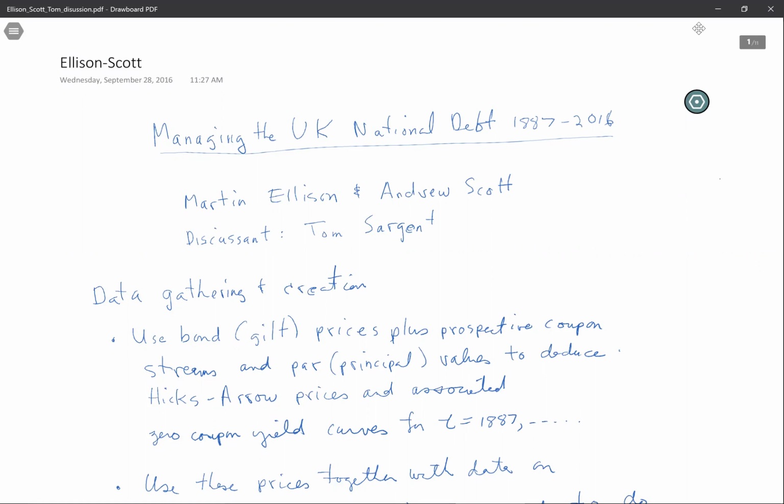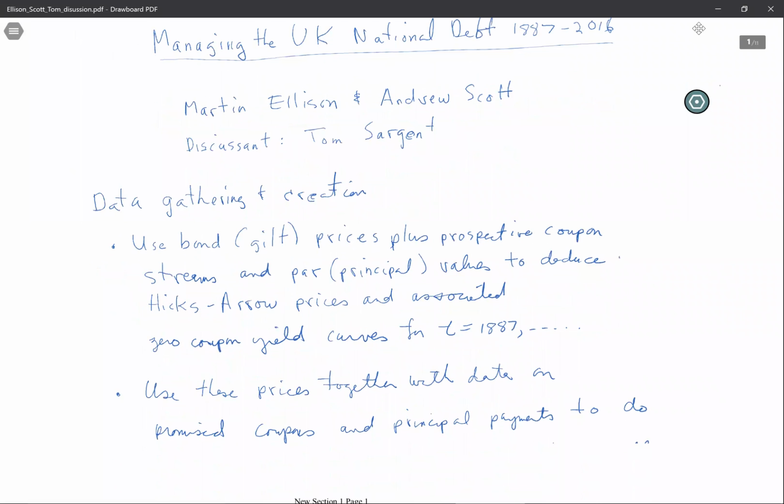The idea of the paper is they're going to use bond, otherwise known as gilt, prices, plus prospective coupon streams and par values for each bond to deduce Hicks-Arrow prices and associated zero yield curves for dates from 1887 up to the present. That itself is an ambitious data gathering task.